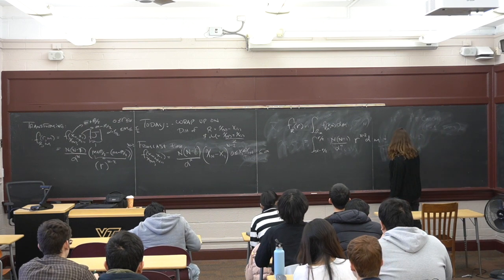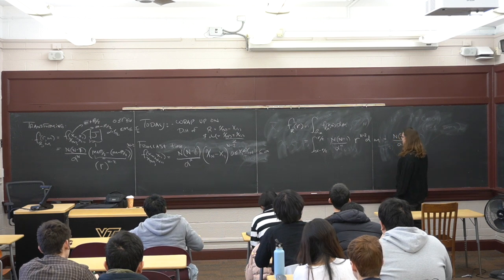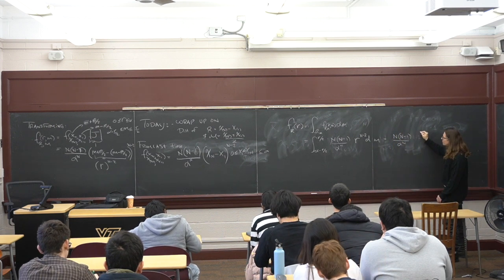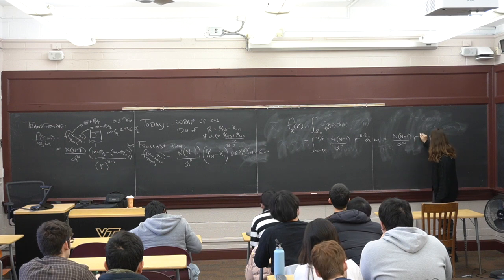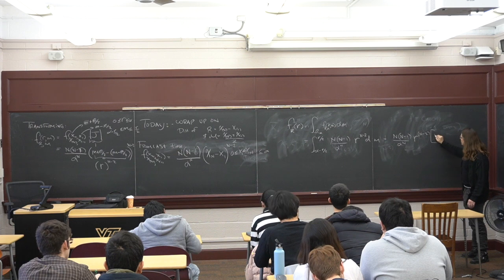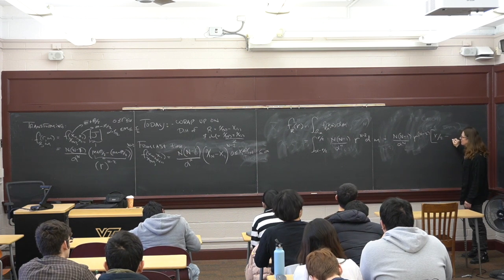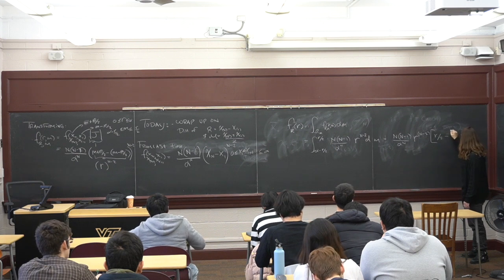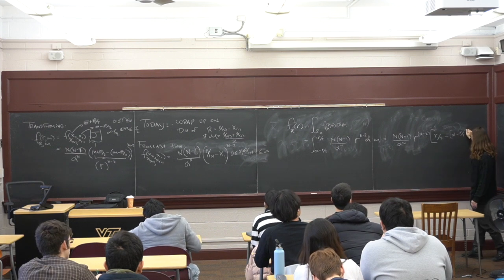So this is just going to be n times n minus 1 over alpha to the n, r to the n minus 2, and this is just going to be r over 2 minus alpha minus r over 2.